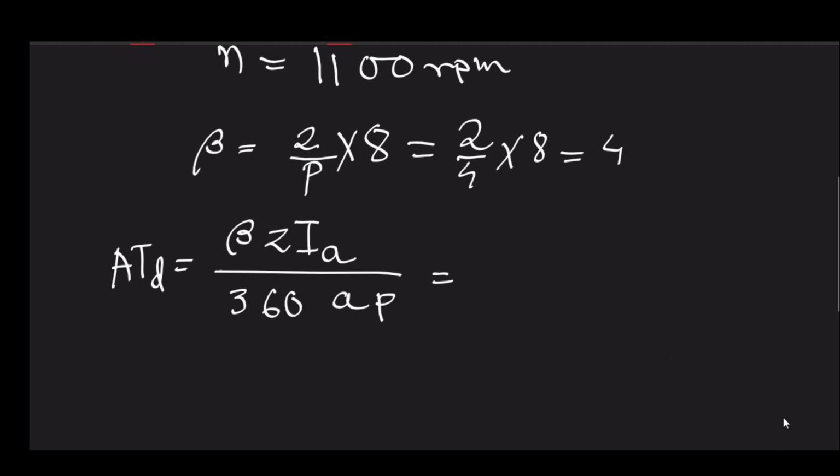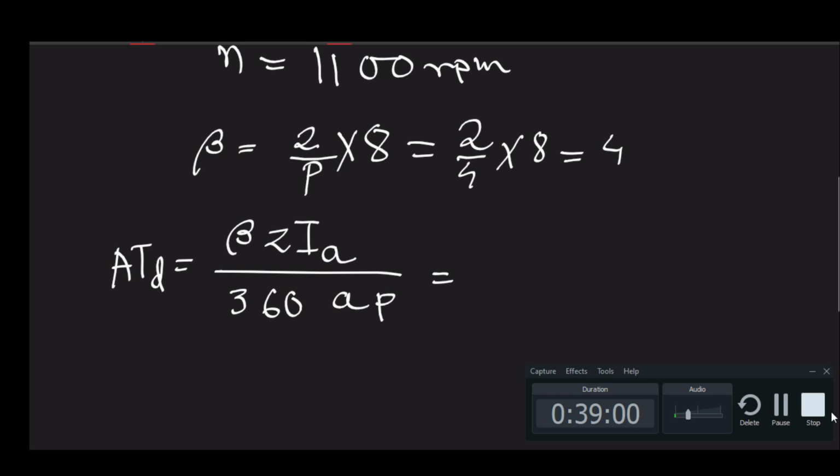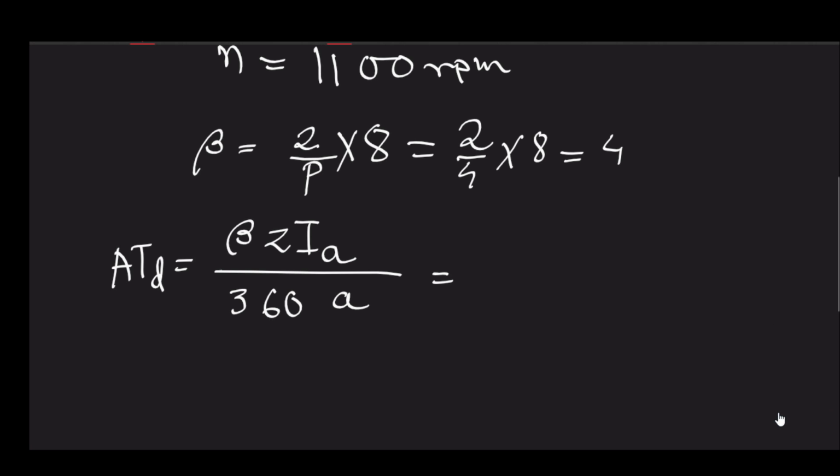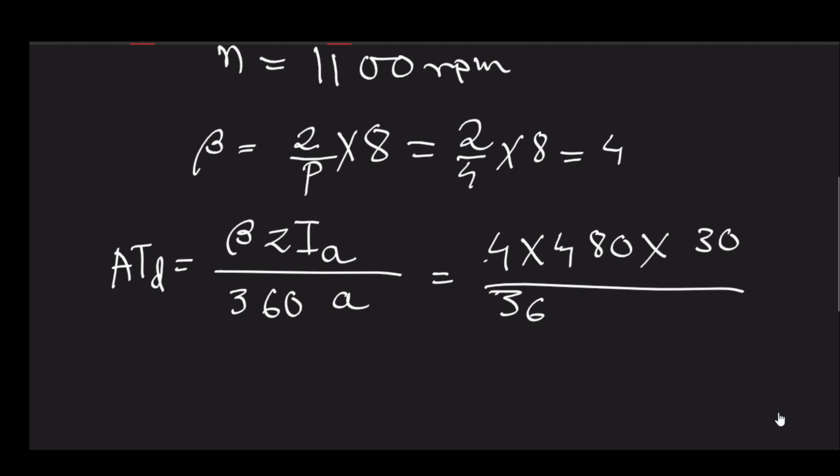Yes, there was a mistake in the book. So beta Z IA by 360 A, that is 4 into 480 into 30 divided by 360 into 4.